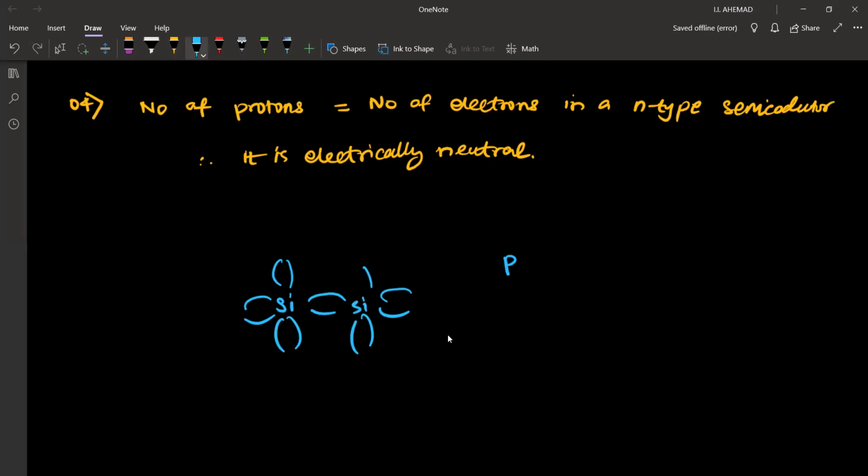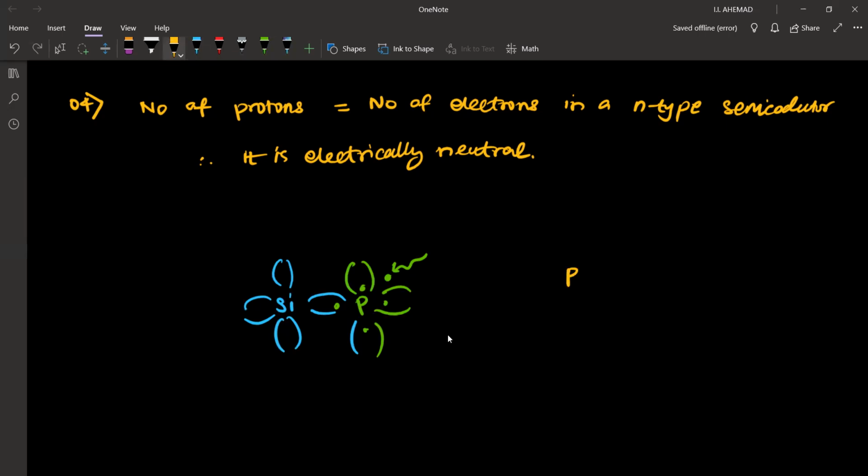When I add a phosphorus atom, this phosphorus atom has 5 valence electrons. So let's say it replaced this silicon. Now this has 5 valence electrons. That means there is one additional electron, which makes us feel that it has to be electrically negative. But the real idea is, before we add, it was electrically neutral.